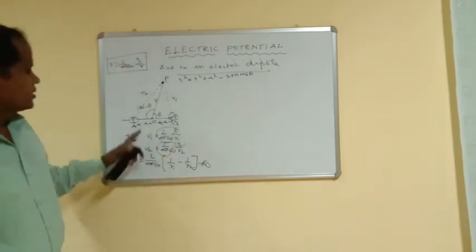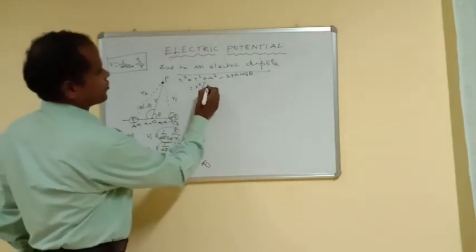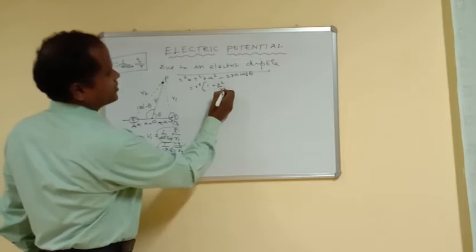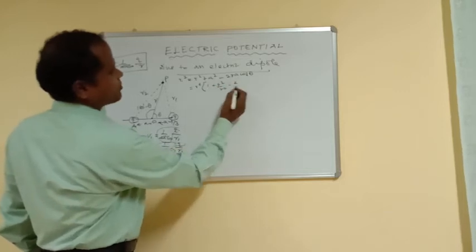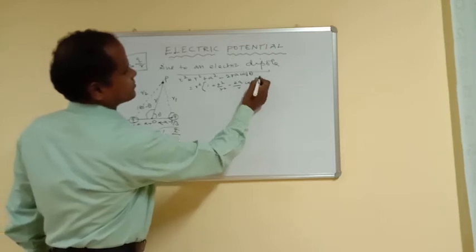Here we take R squared out: R squared times 1 plus a squared by R squared minus 2a by R cos theta.